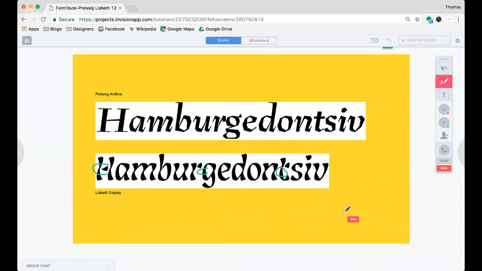I don't know if it'd even be possible to make those letters follow that same system. Probably not, but it's a crazy effect, really strange. And also just notice how condensed Lisbeth is compared to Preissig. Just want to reiterate that.